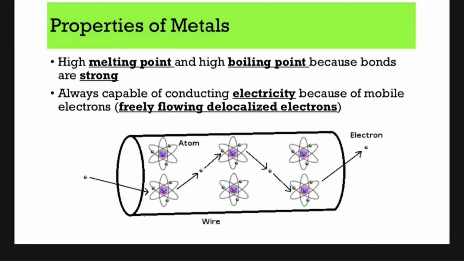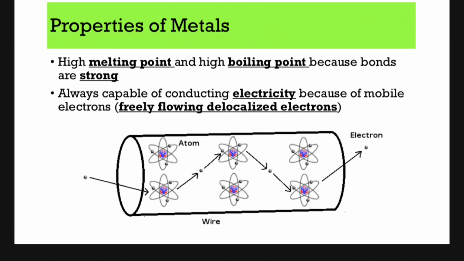So what are the properties of metal? So if you think about it, right, think of gold, silver. Those are pretty much the metals that we are familiar with in real life. Maybe copper, right? Pennies used to be made of copper. So metals have a high melting point and a high boiling point also, like ionic compounds, right?